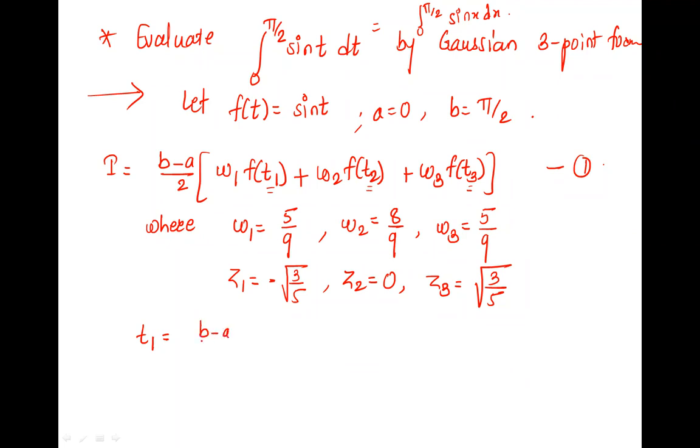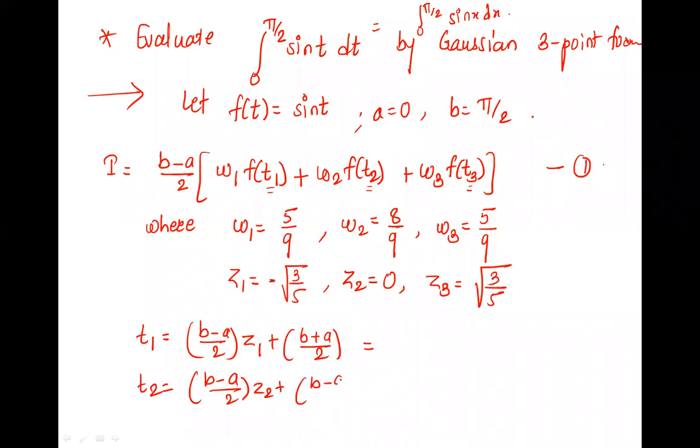T1 is b minus a by 2 into Z1 plus a plus b by 2. Correct. Solve this. T2 is b minus a by 2 Z2 plus b plus a by 2. T3 is b minus a by 2 Z3 plus b plus a by 2.